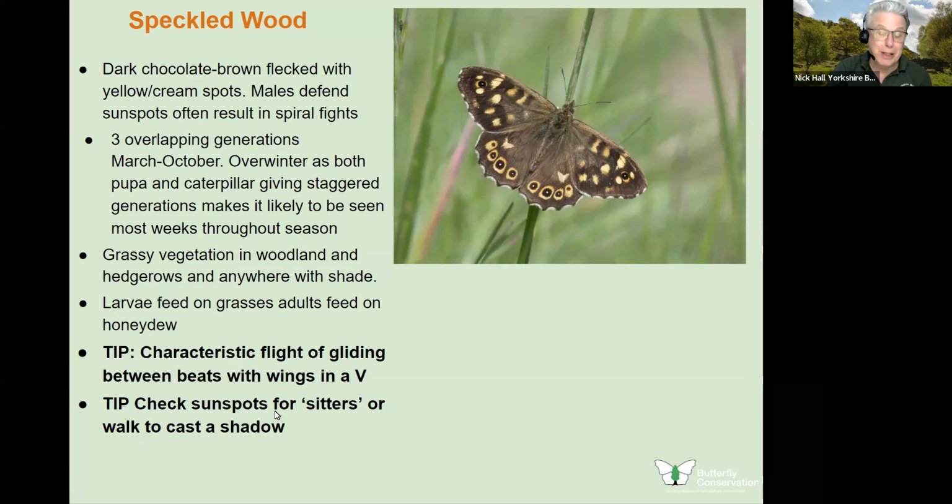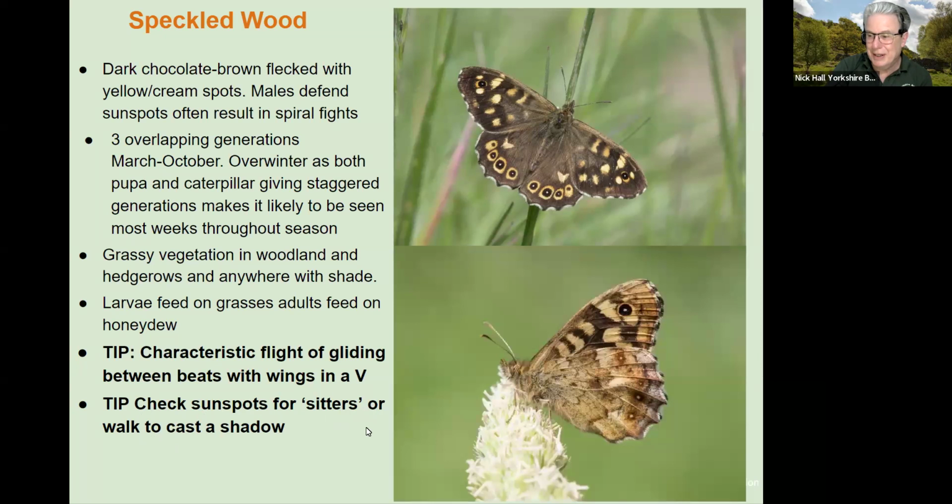If it's reasonable, I can just move to one side of my path and cast a shadow through a sunspot. That's usually enough to bring up an insect. And it's surprising, most sunspots on my transect are guarded by speckled woods. So this is the underside, quite plain. You've got the eye spot.